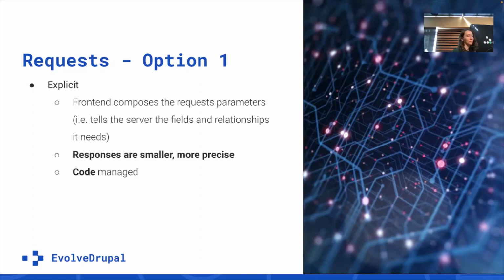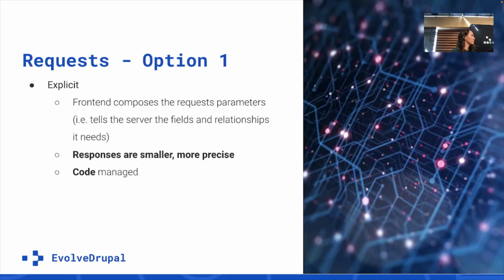Another challenge that we observed is how do you handle and send requests for related content? The JSON API spec tells us how to ask the system to return relationships and how to ask it to return specific fields.